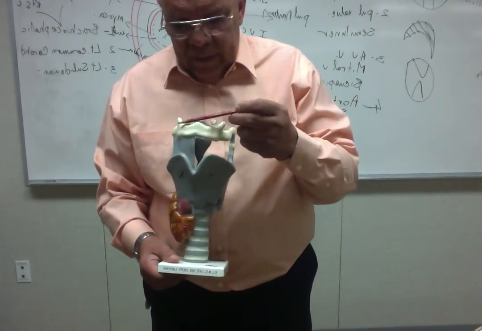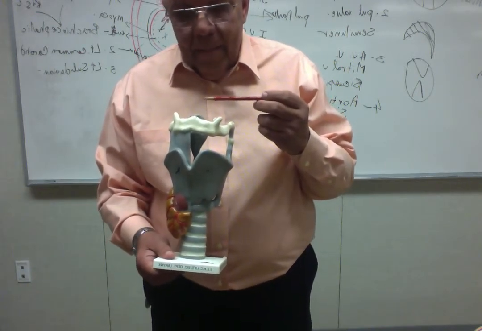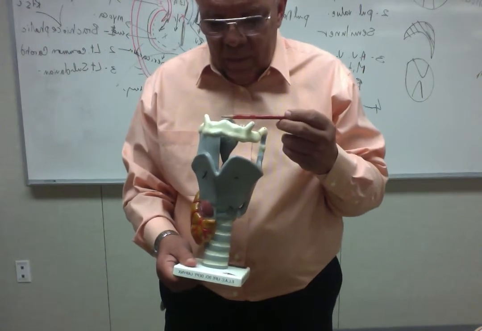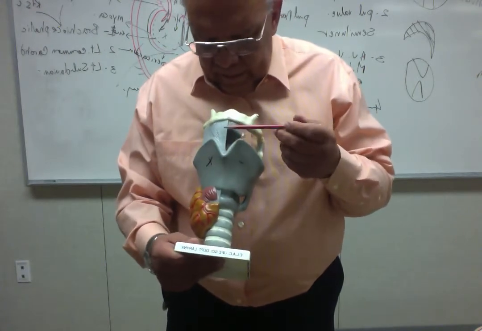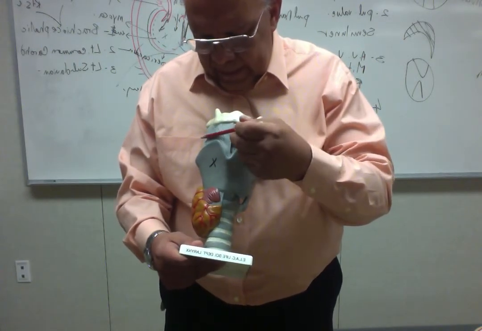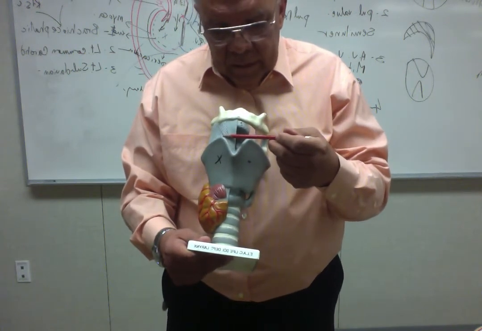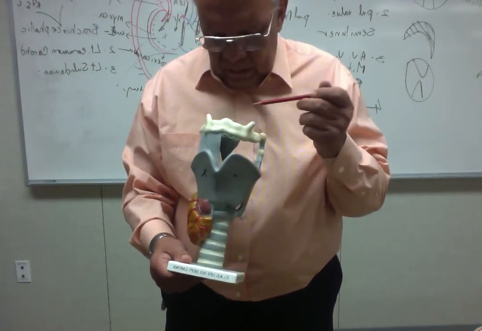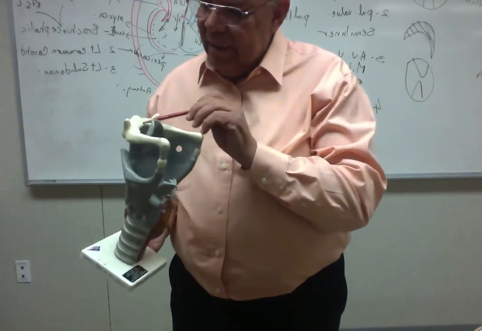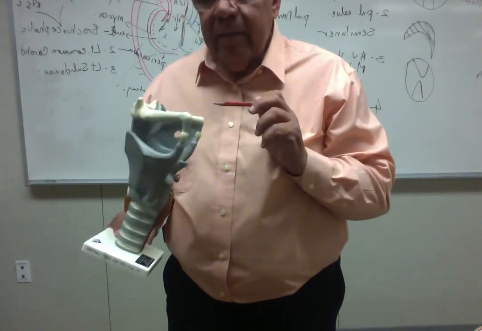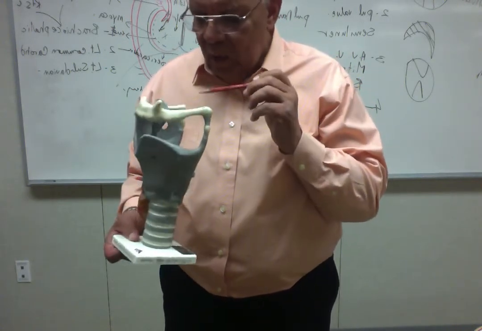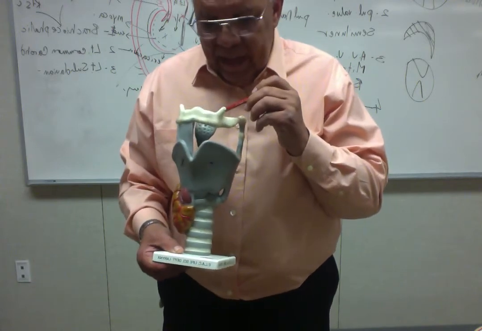Attached to the hyoid bone are the most posterior tongue muscles. This is called the epiglottic membrane, containing the epiglottis anteriorly, which will cover the respiratory passages, the larynx, while food is passing down the esophagus.